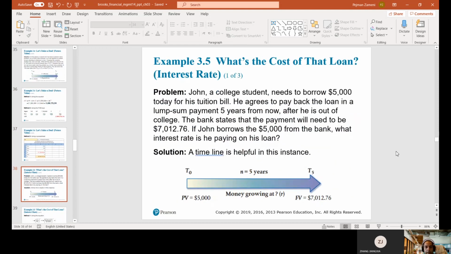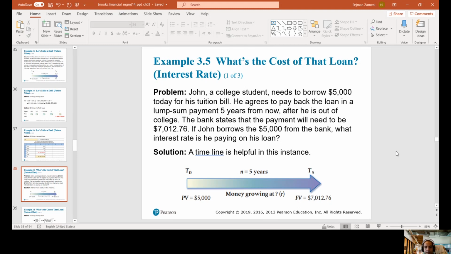Okay. Another variation of that formula is finding the cost of the loan, or the interest rate. It means that out of 4 variables, we have 3. We have the future value, the present value, and the number of years, and we are looking for the interest rate. John, a college student, needs to borrow $5,000 today for his tuition bill.